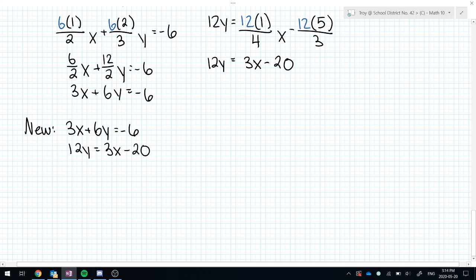That's our new system. And the solution to this new system is going to be the exact same solution as the original system, as long as you didn't make any mistake.